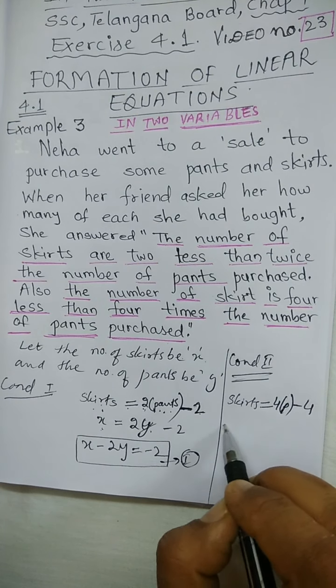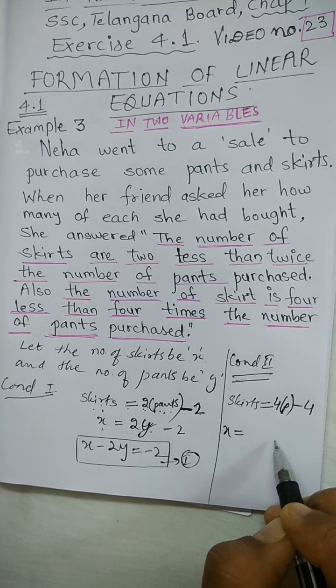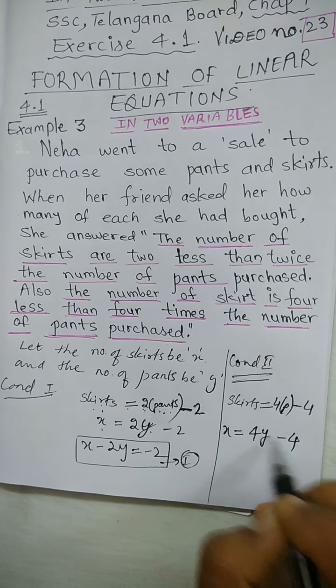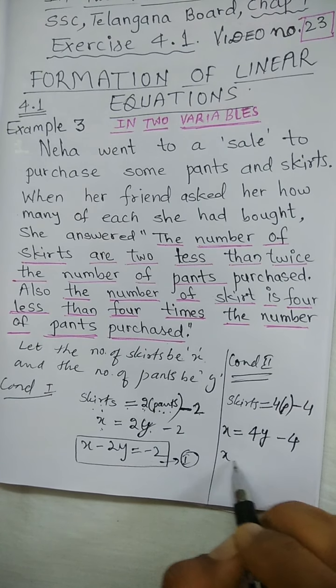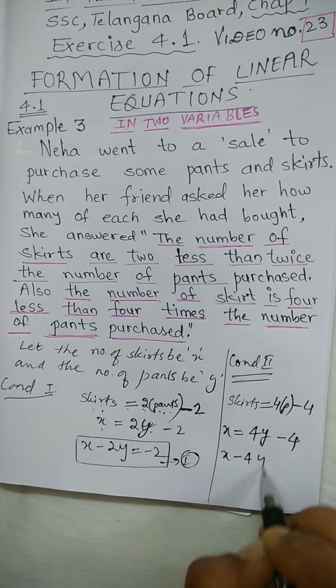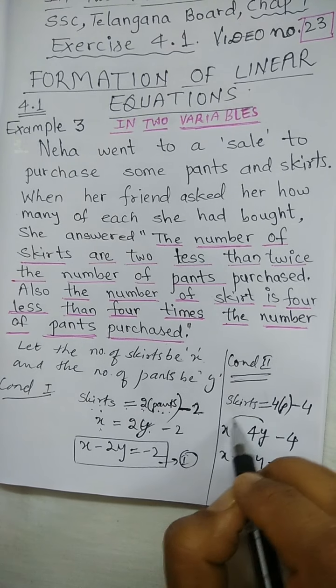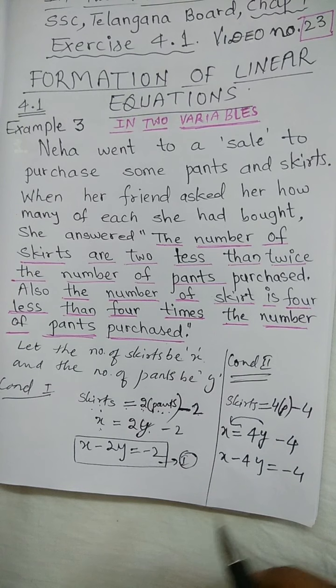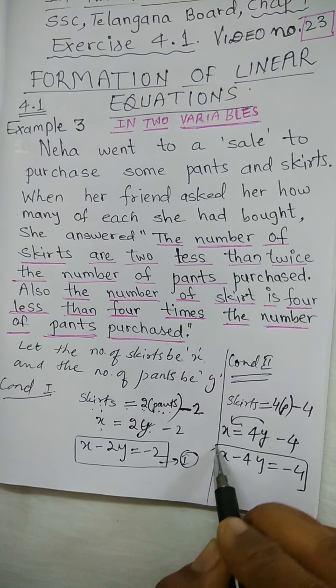So skirts we have taken x, which equals 4 less than 4 times of pants. Pants we have taken y. Now you write x minus 4y equal to minus 4. This 4y will go that side and it will become minus 4y. This is the another equation.